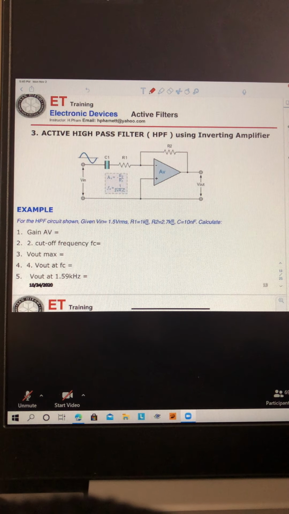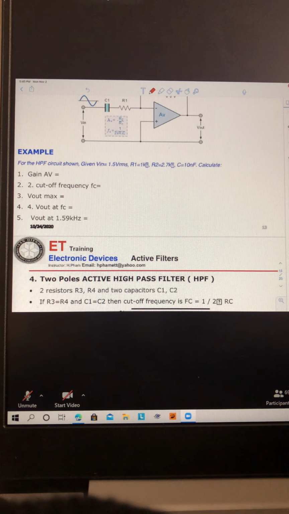Okay, so what is the gain equal? Minus 2.7. Is it correct? Yeah.